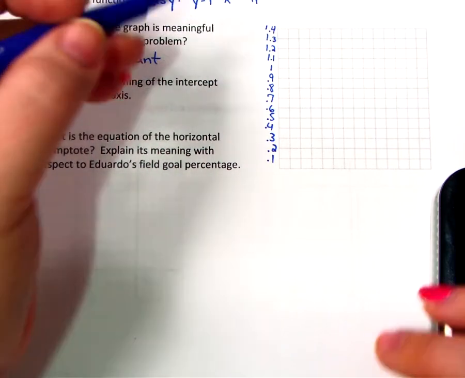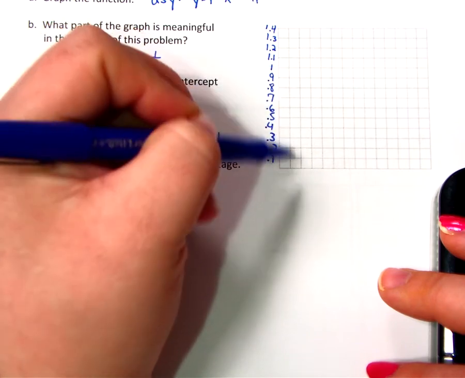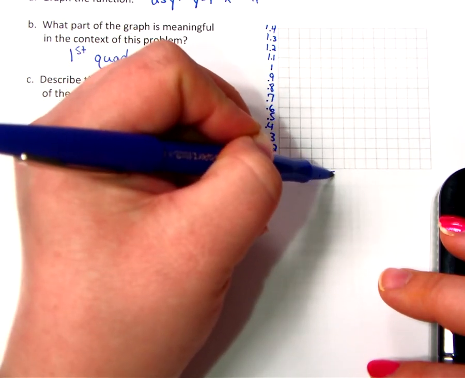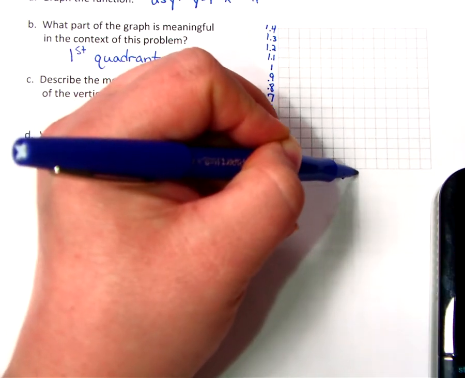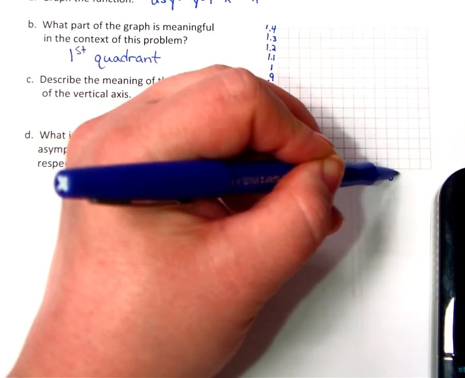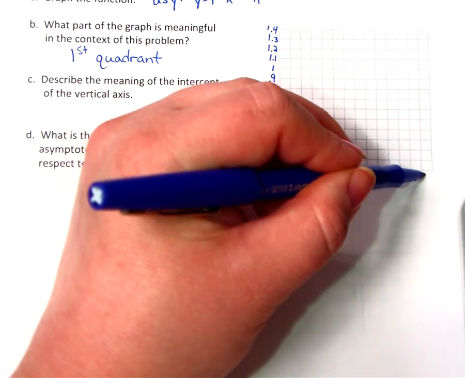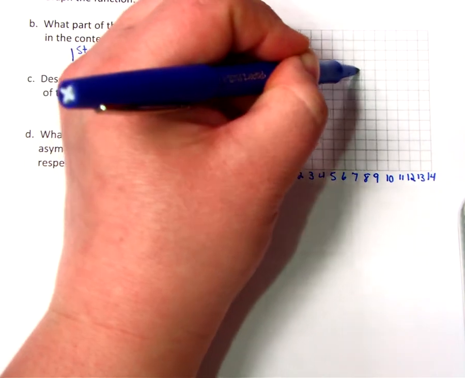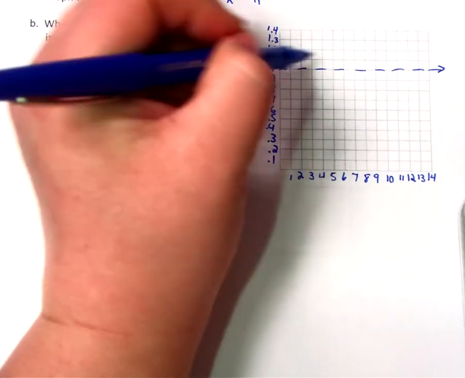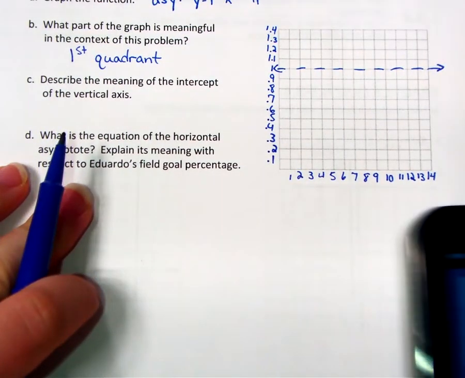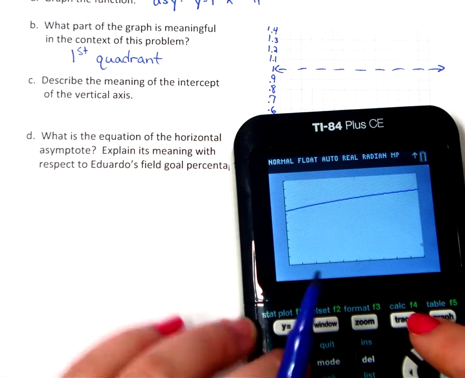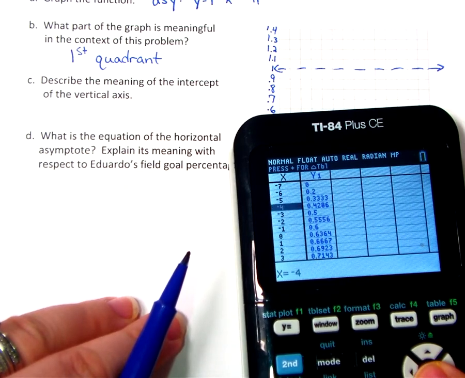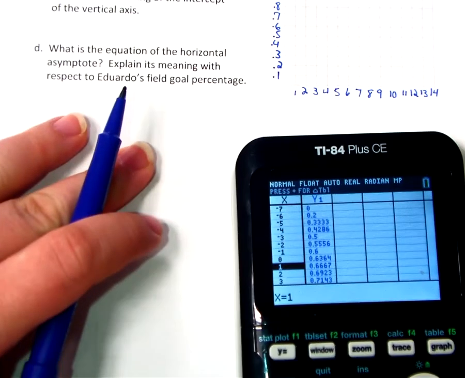So I have our asymptote happening at y equals 1. And so let's get some points here. At 1, it's at 0.6 repeating.